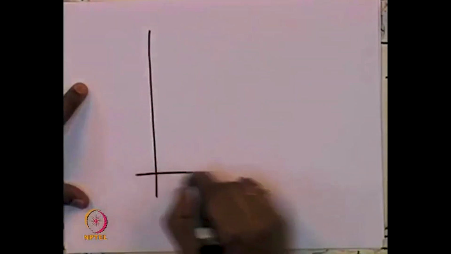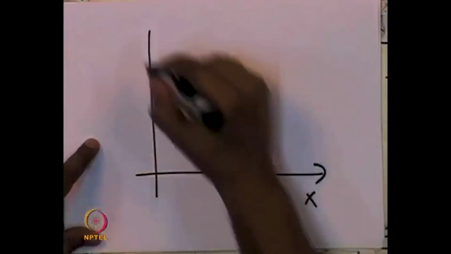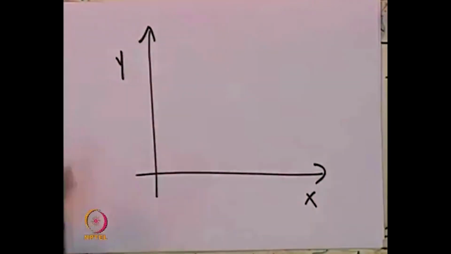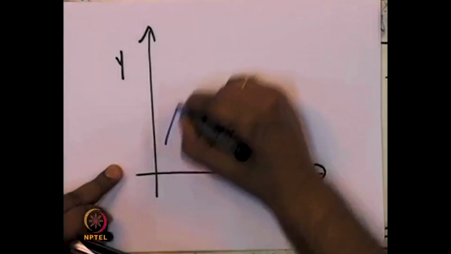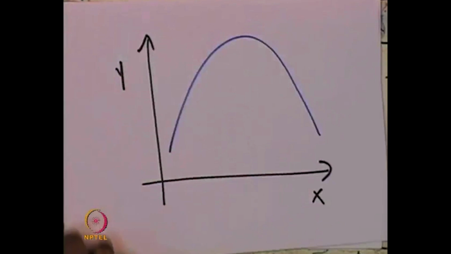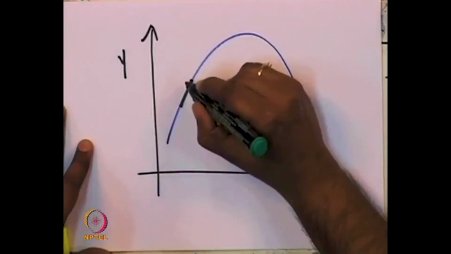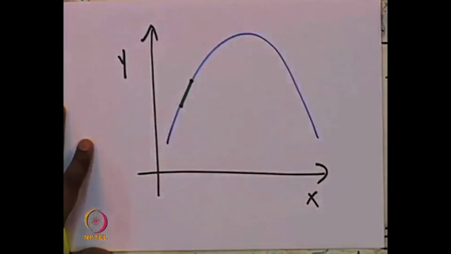The curve we have, with x axis and y axis, looks like this, and let us calculate the slope at different places. Let us first calculate the slope here. This is the point.